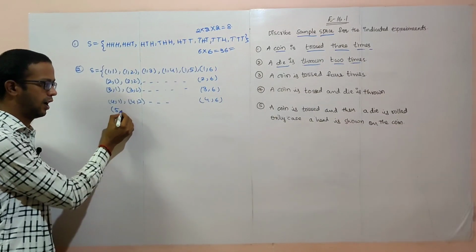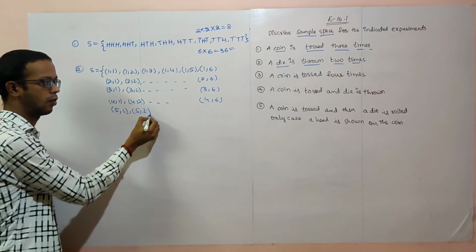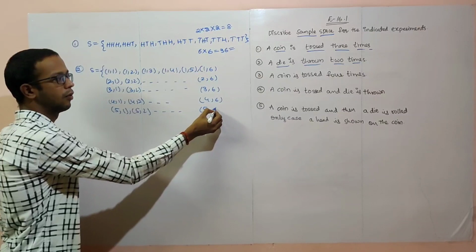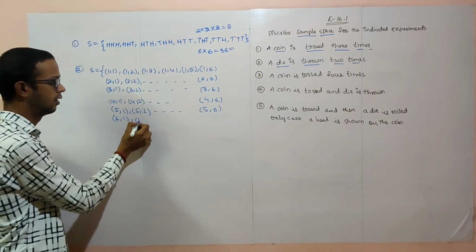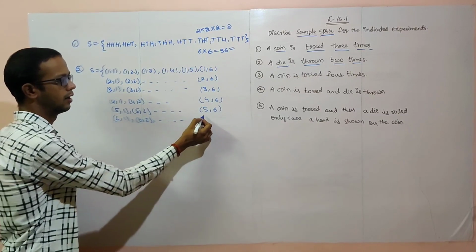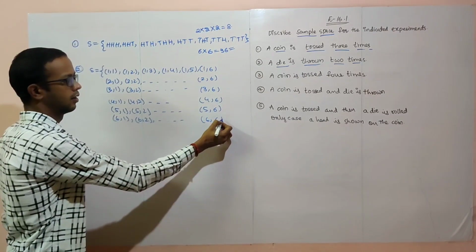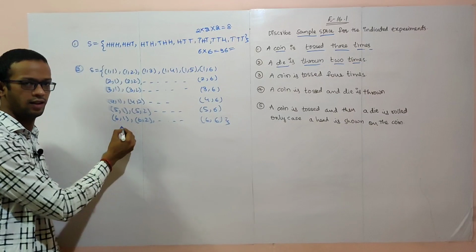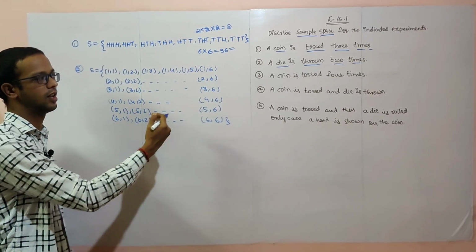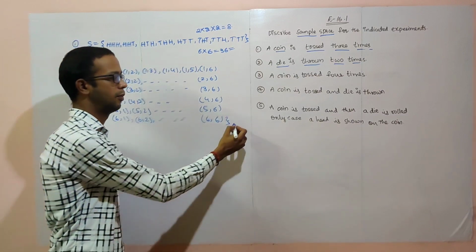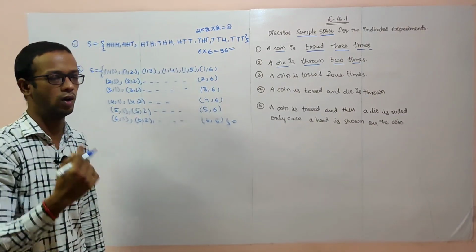Next one (5,1), (5,2), continuation up to (5,6). Last one (6,1), (6,2) and up to (6,6). So first time 6, second time 1; first time 6, second time 2. These are the possibilities of the sample space for throwing a die 2 times.